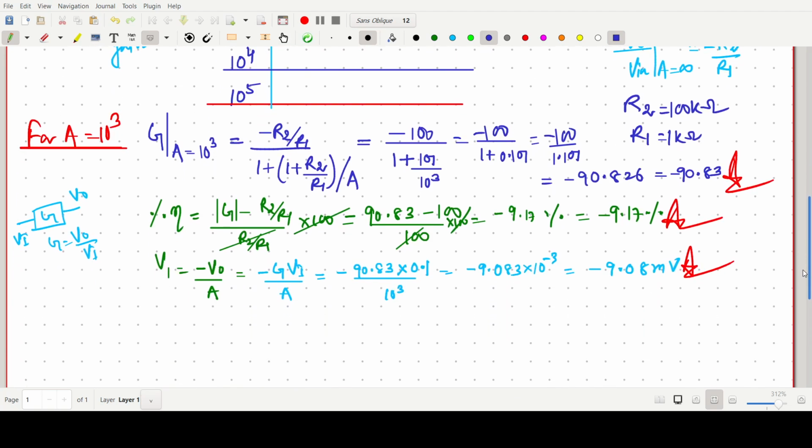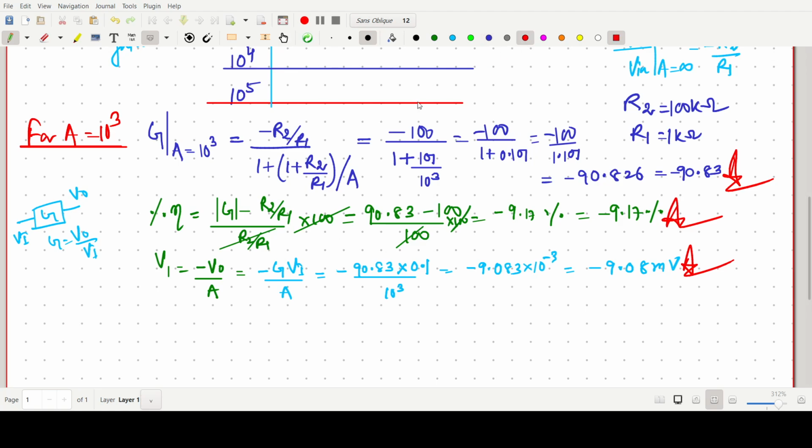Now similarly we have to do it for A equals 10 to the power 4, that is, when the open loop gain is 10 to the power 4. We will do it a little bit faster. R2 by R1 will always be 100. Then 1 plus 101 by 10 to the power 4.